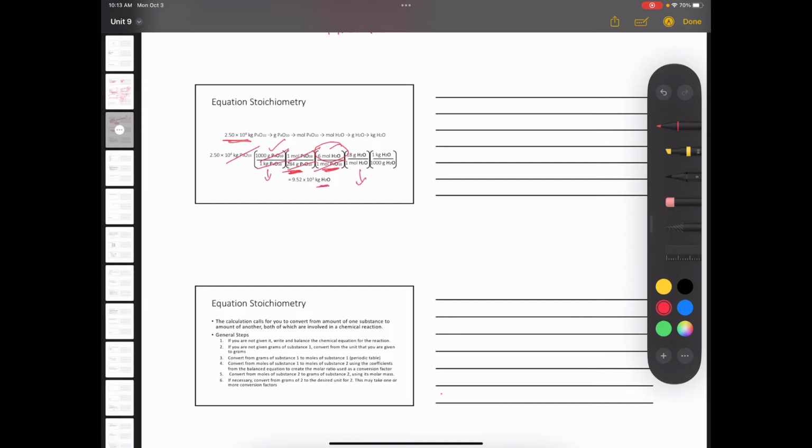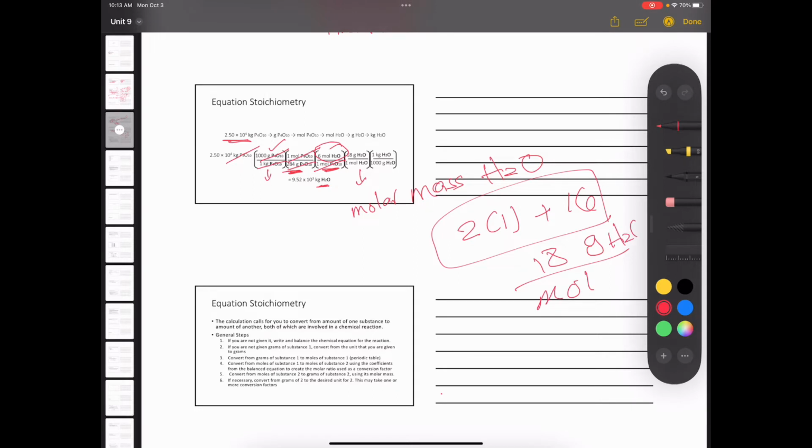So I'm going to use the molar mass of H2O, which is 2 hydrogen times 1 plus an oxygen, which is 16. So that makes it 18 grams per mole H2O.